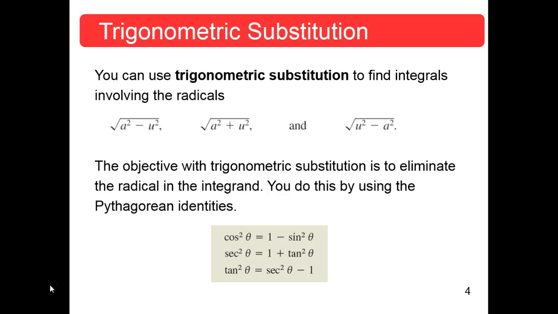We can use trigonometric substitution to find integrals that involve certain radicals.